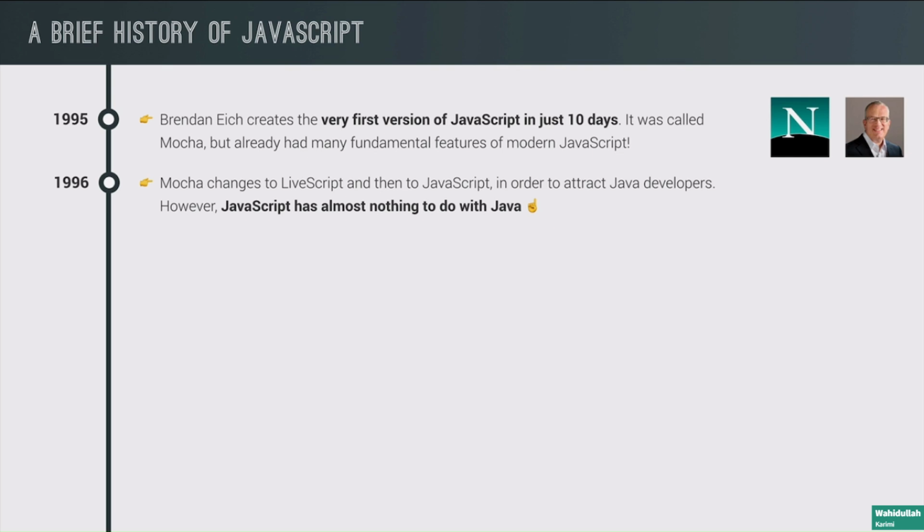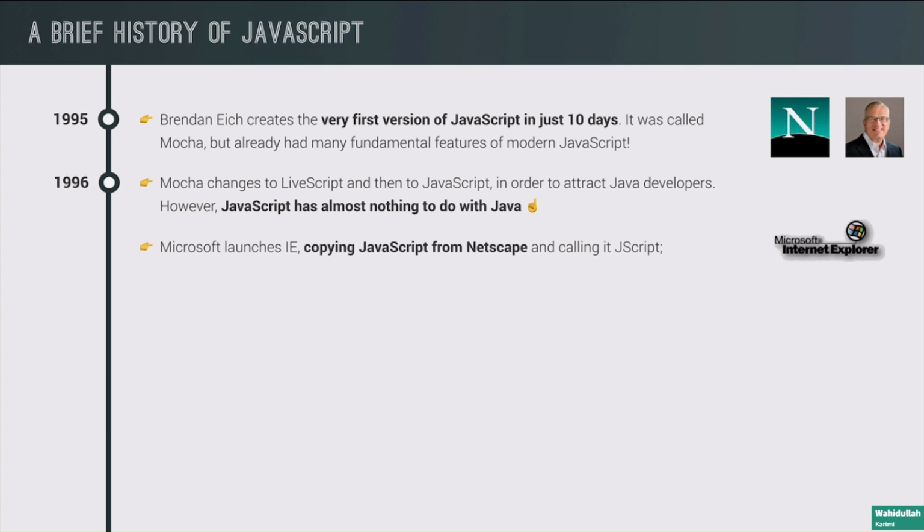Also in 1996, Microsoft launched the Internet Explorer, which basically copied JavaScript from Netscape. But they called it JScript for legal reasons because, well, you actually cannot just go around and copy other people's programming languages. Now, what this means is that we now had two very similar but competing languages, which of course is never a good idea in the long run.